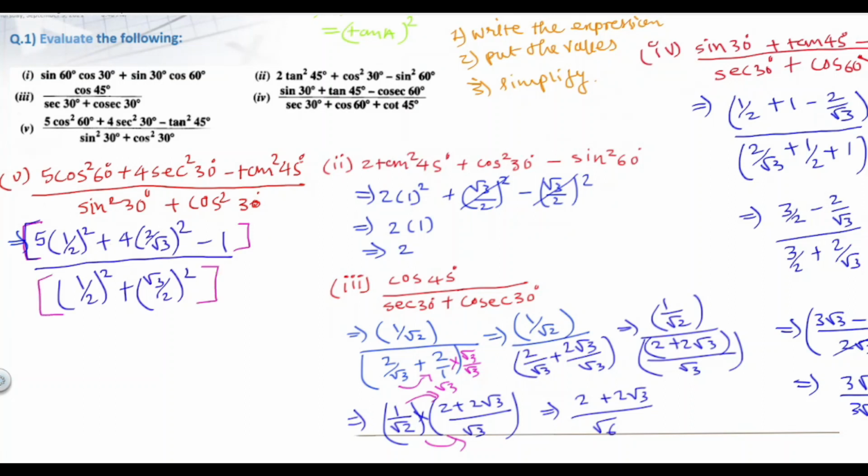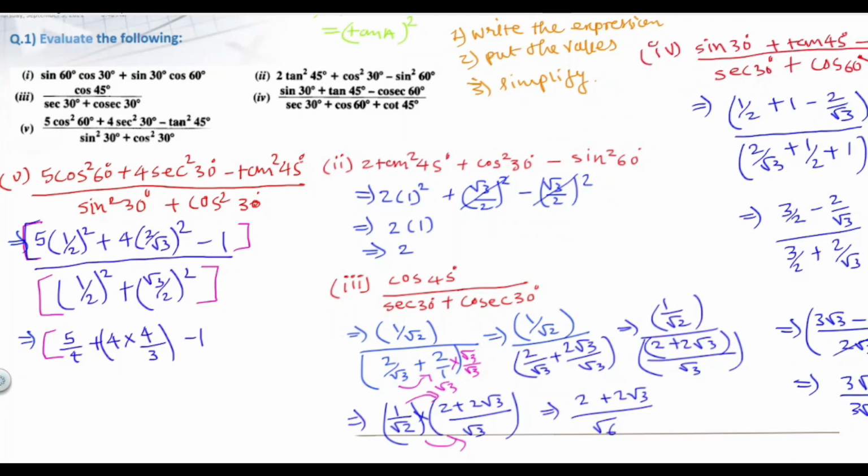Okay, now let's just solve this a little bit. So here it is 5 as it is. Then 1 by 2 and square, so it will be 1 by 4, and we multiply 1 by 4 with 5 and get 5 by 4, plus 4 multiplied by 2 square, which is 4, divided by root 3 square, which is 3, right?